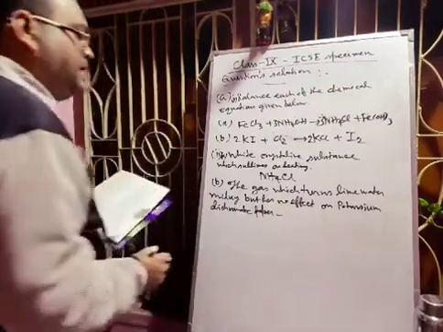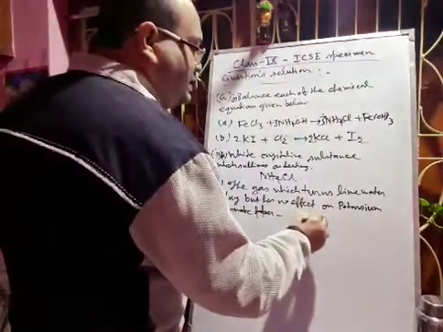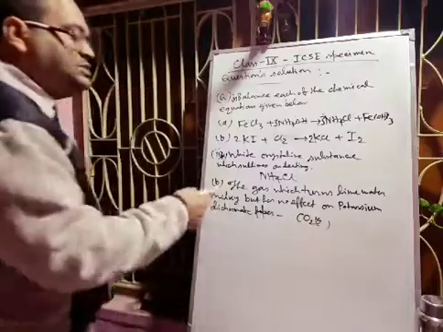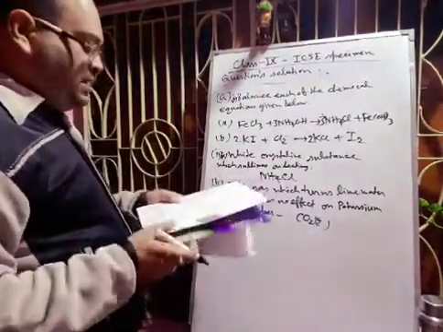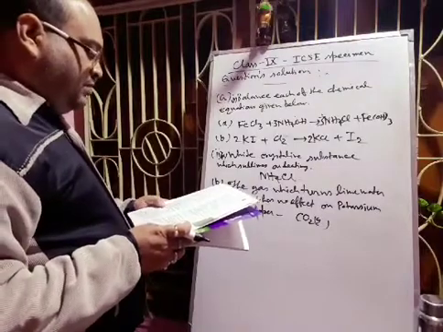Okay, so definitely your answer will be the carbon dioxide gas. Okay, the gas which turns lime water milky but has no effect on potassium dichromate paper. So your answer will be carbon dioxide.